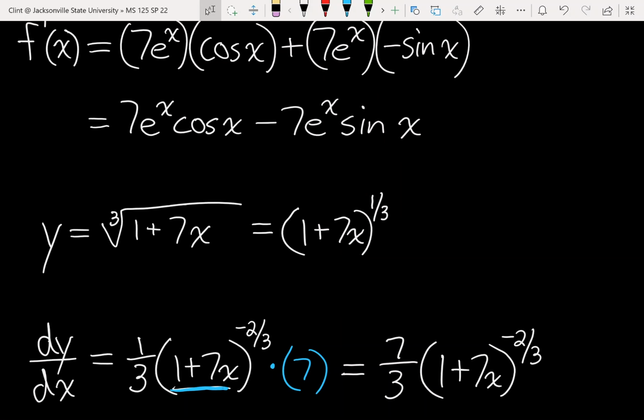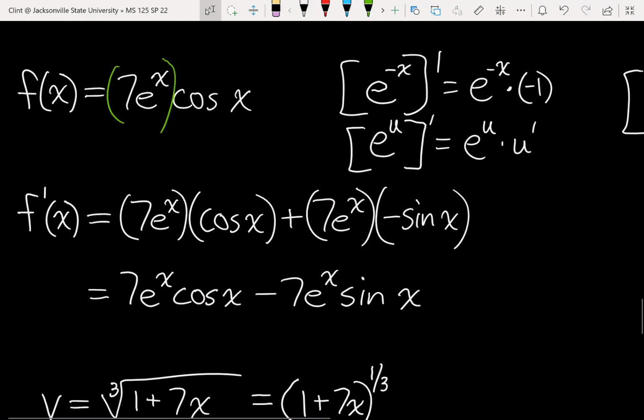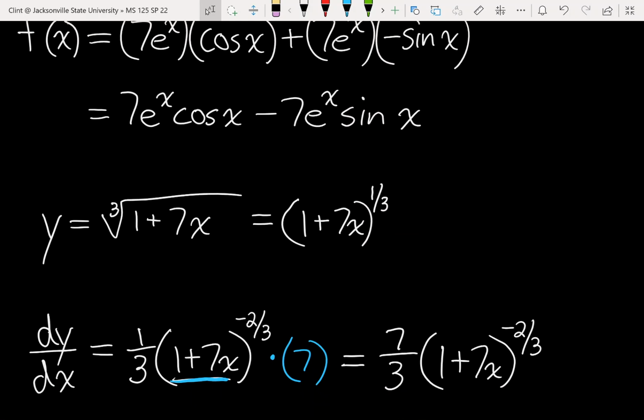So we have to do the outside part and then the inside part. There is some overlap where you could use either one. If we had 1 plus 7x squared, then you could write it as 1 plus 7x times 1 plus 7x and do product rule, or you could do the chain rule. And so it does make that a little bit confusing. But yeah, f times g, product rule; f of g, chain rule.